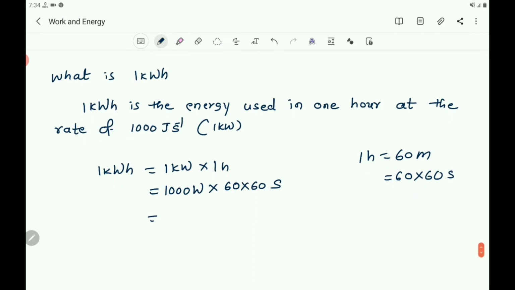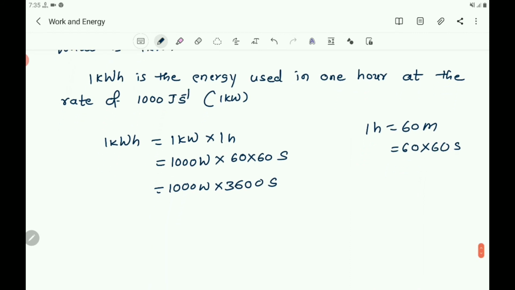Then you can take 1000 watt into 60 into 60. 6 6s are 36, so 3600 seconds. If you multiply 1000 into 3600, you will get 36 followed by 5 zeros joules.